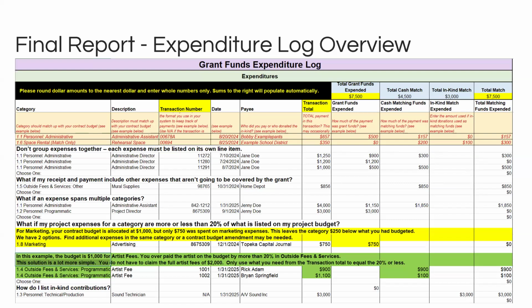You only list the expenses that were associated with the KAC grant portion of your project. So, as I said, this log shows $7,500 as the total, and then the cash and in kind to match that. So the final total would be $15,000 for a $7,500 grant.